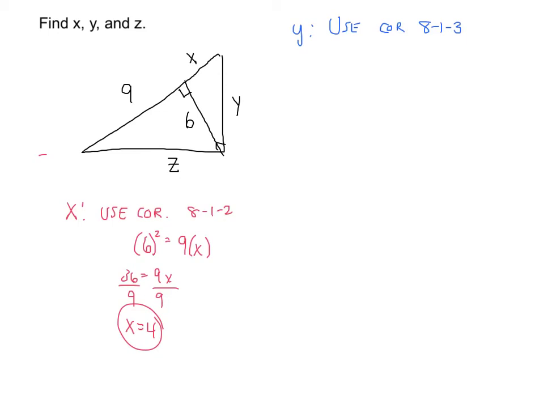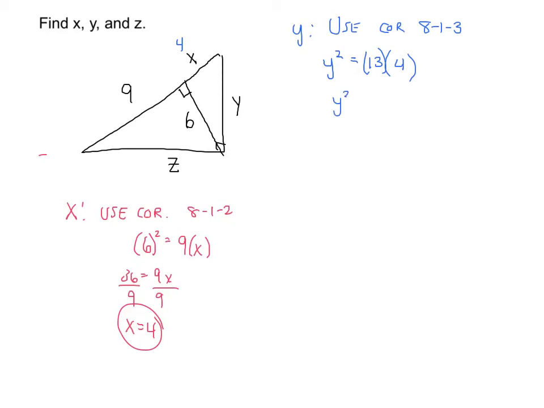And that says that it's the geometric mean, so y squared is going to be the length of the hypotenuse. Well, if x was 4, then we know the overall length is 9 plus 4, or 13. So it's going to be 13, the length of the hypotenuse, and the adjacent segment, which is going to be 4. So 13 times 4.